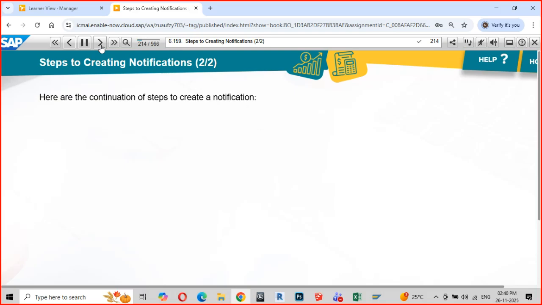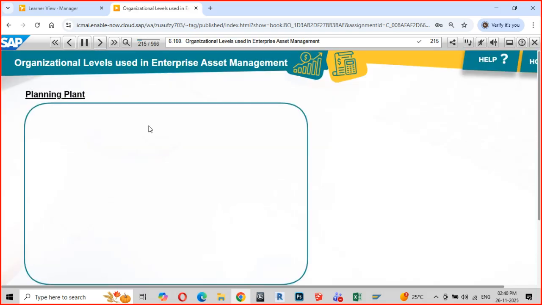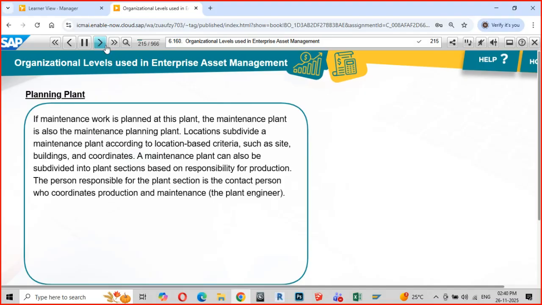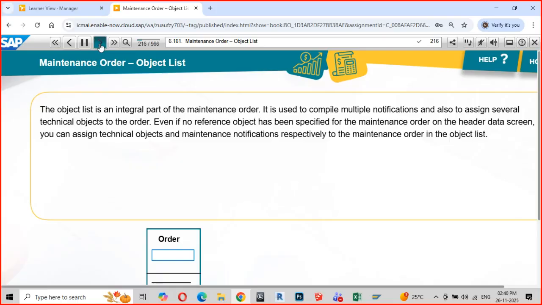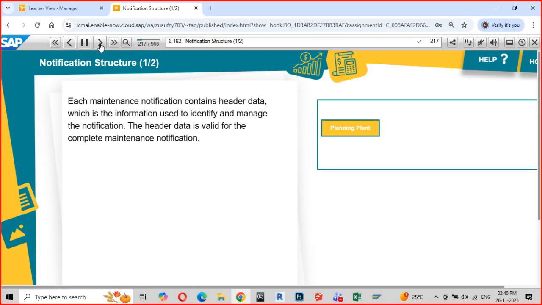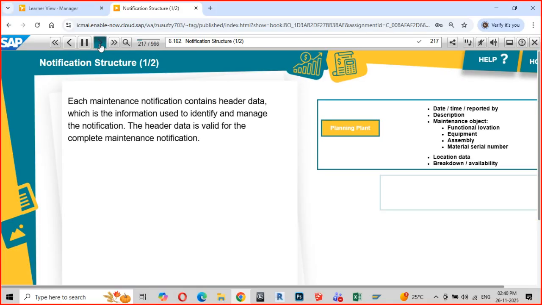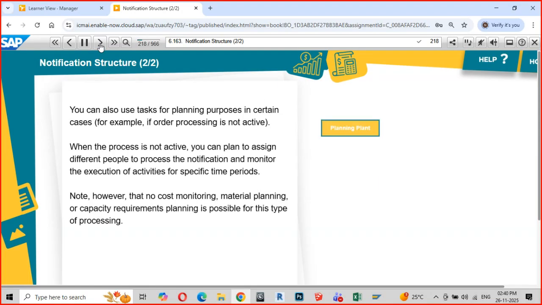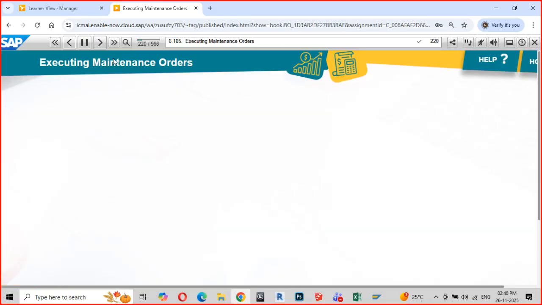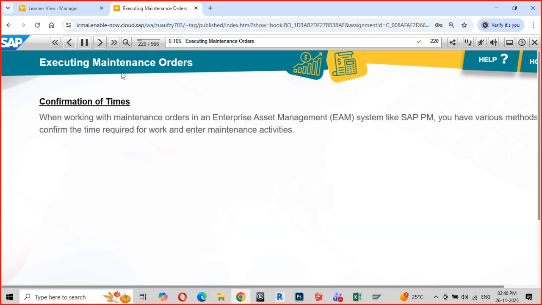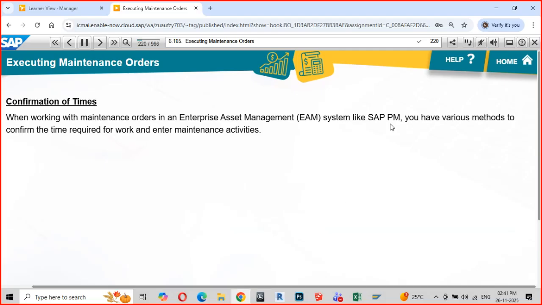Continuation steps to create a notification. Just for you to read, I'm just moving ahead. We are almost through with the session. Your PM is plant maintenance module. All right.